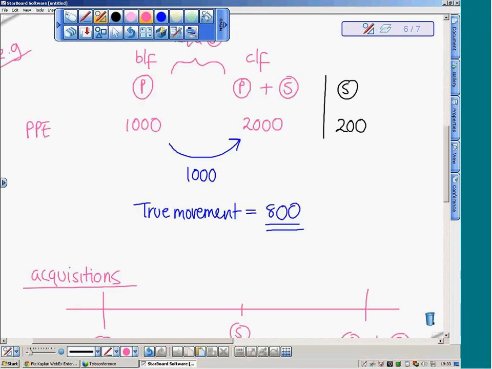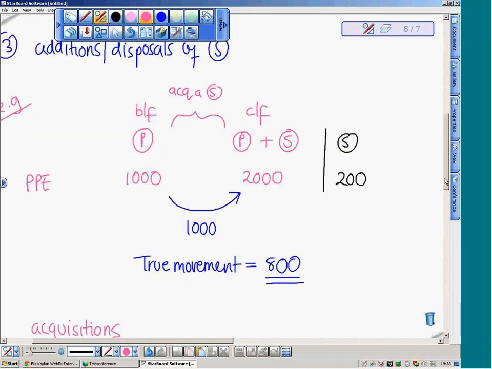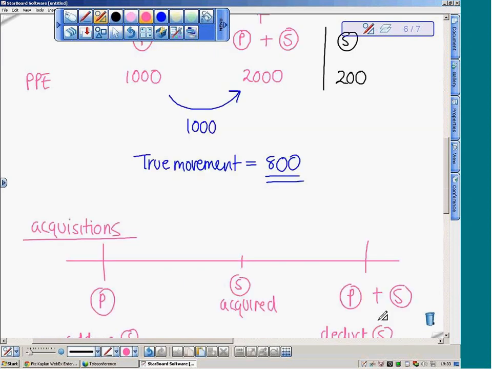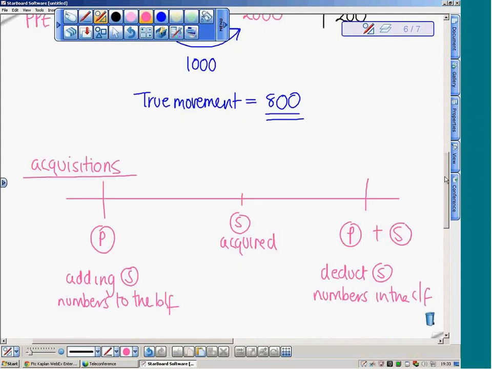Okay, so if you go back to our example here, you could have thought about S's numbers, and they'll give you the relevant numbers for S at acquisition, so you'll be able to pick those out. What you could have done is added S's numbers to the 1,000 to give us the 1,200. If you compare that to the 2,000, you would have got 800. Alternatively, you can deduct S's numbers in carry forward.